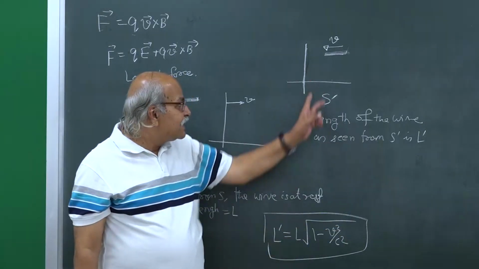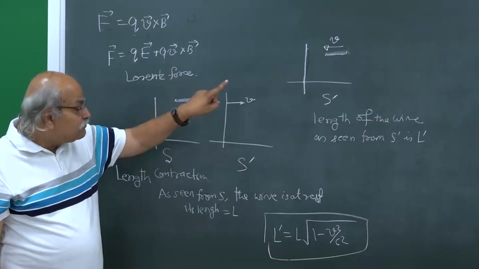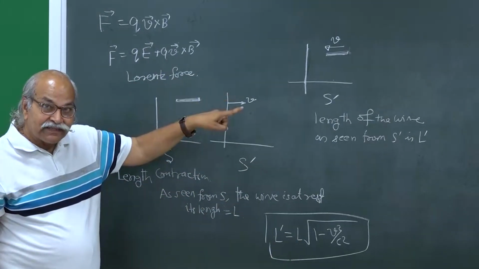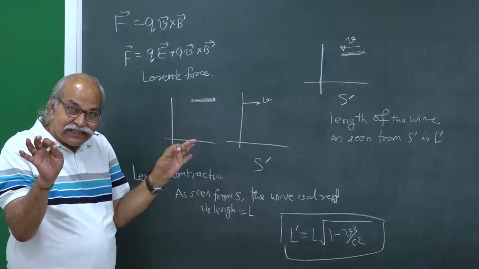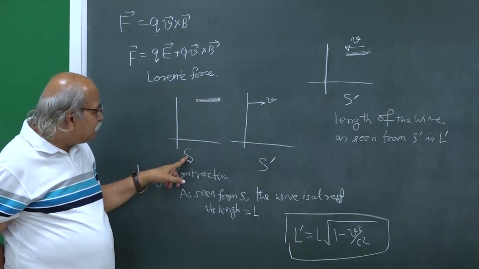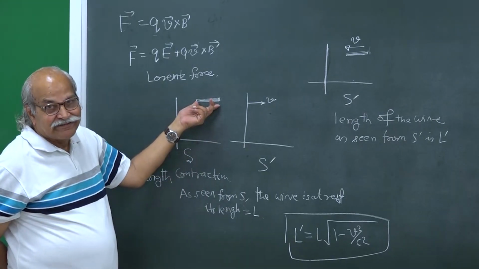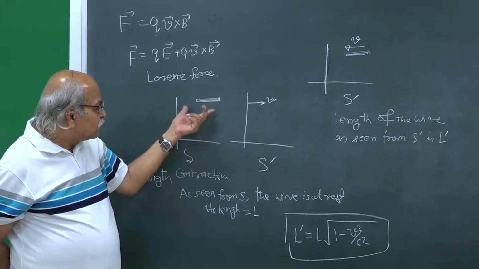L prime is the length, and what is this L? L is that same wire, the same object, the same length that you are measuring with respect to a frame in which that wire is at rest. We can call it the rest frame.